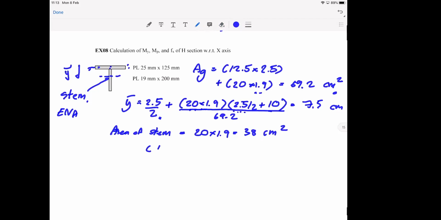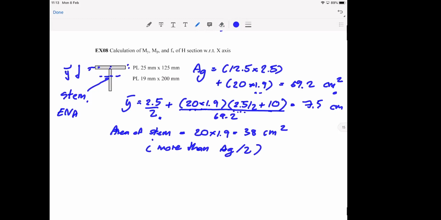This is more than A_g over 2, correct? This is more than half of the area. So if you are going to have the plastic neutral axis that divides the cross-section equally, it must be in the stem because the area of the stem is way more than the area of the flange.